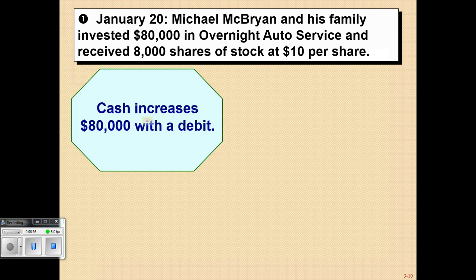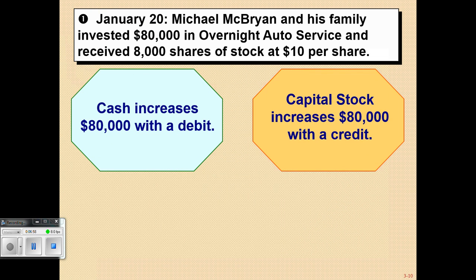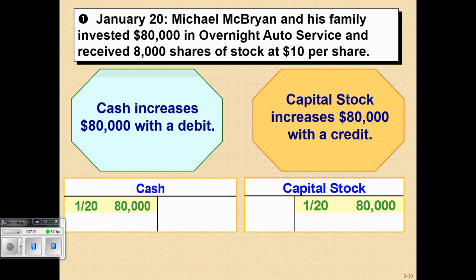When we bought those 80,000 shares, or really we invested $80,000 to collect shares, cash went up by 80 grand, and that is a debit, and capital stock went up, and that is a credit for 80 grand. Notice my debits and credits are equal.